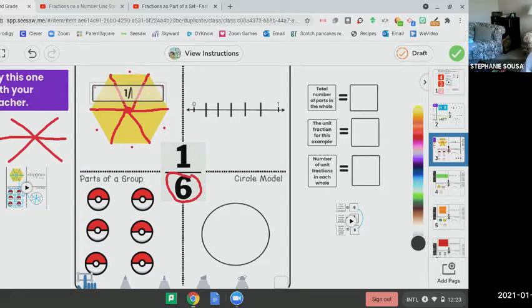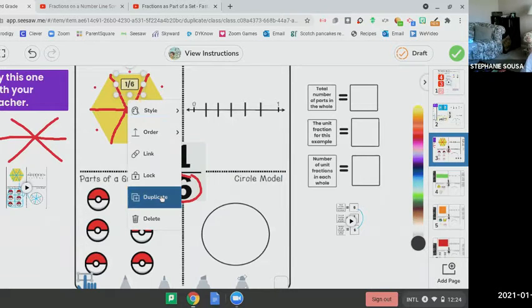It's on the same key as your question mark. So the key that you would press to make a question mark, press it, and it will give you the slash, and then put a 6, because we're dealing with 1/6. Here's what I'm going to do. I'm going to make this fit inside of my piece, and then I'm not going to type this 6 more times. I'm just going to duplicate it.